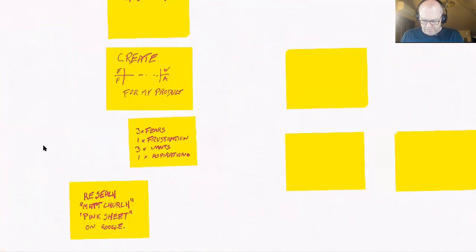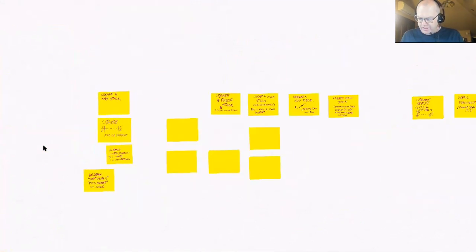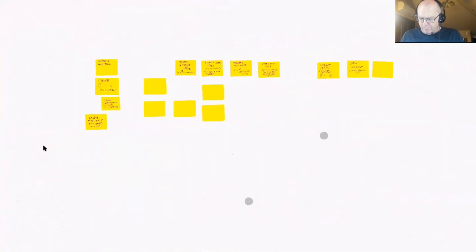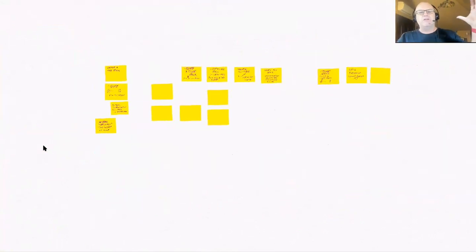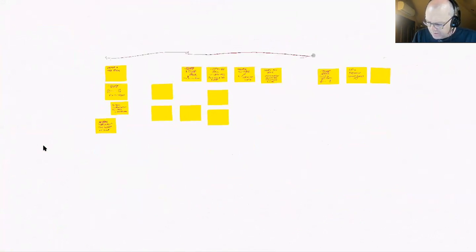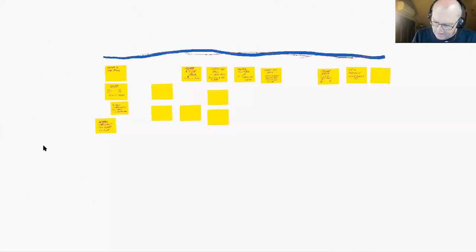Okay, so what we're starting to do now is get a feel for the order. If I zoom right out here and look at our whiteboard, we've got a whole bunch of steps left to right, which is like our timeline. So let me draw this for you. Across here is our timeline.